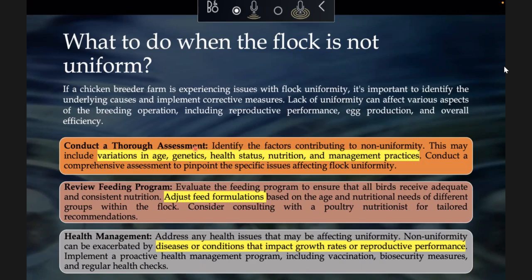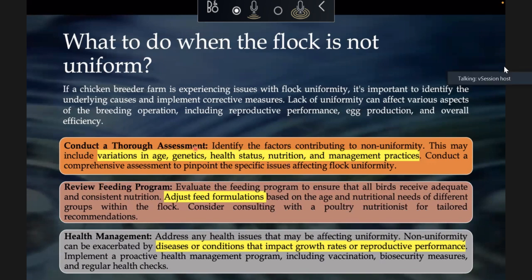But for the breeder stock, if it is not uniform, then it will affect several generations. As long as they are producing eggs, and as long as we are producing chicks from those eggs, all those chicks will not be uniform, and there will be problems in the distributed farms where we distribute the broiler or layer, right?